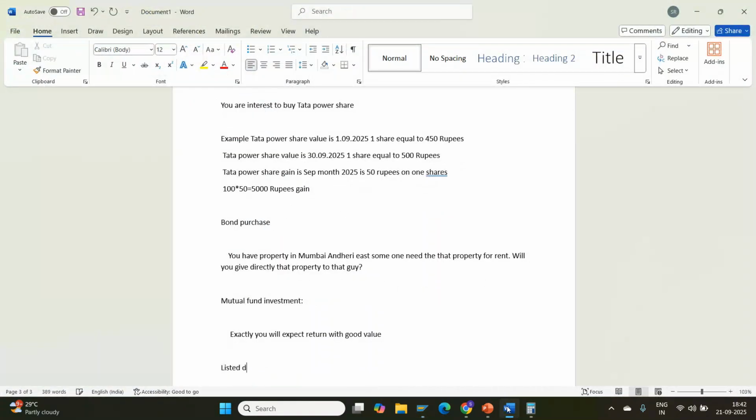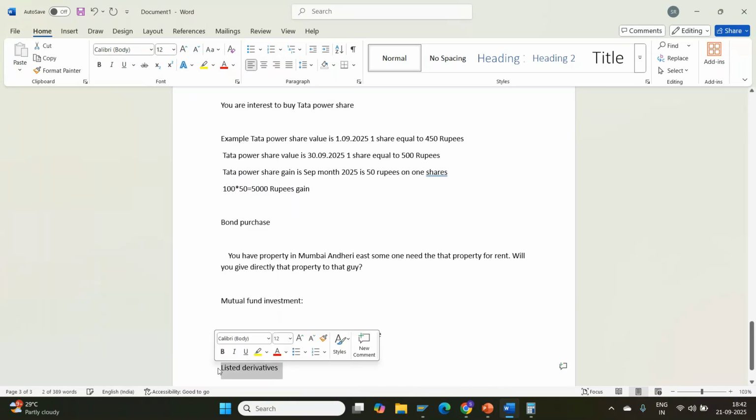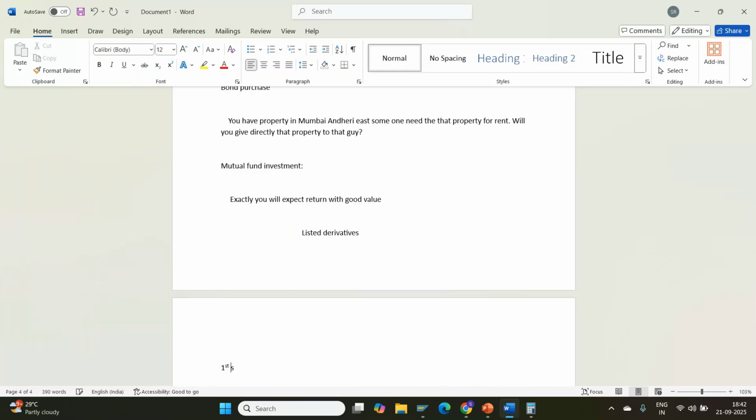What are listed derivatives? On first September 2025, Geo share value is one share equal to 500 rupees.